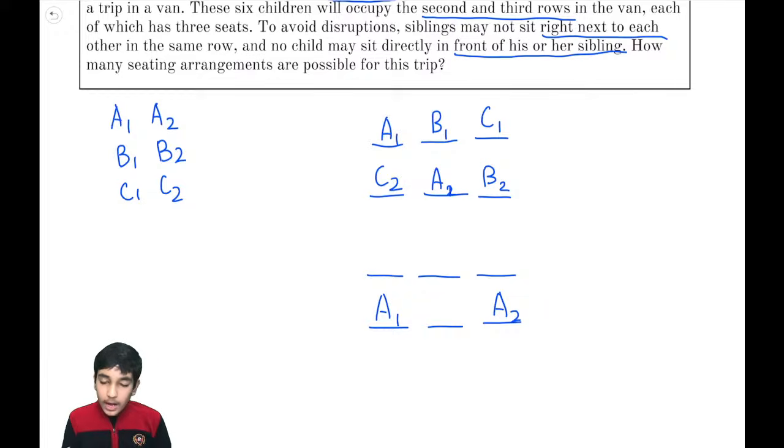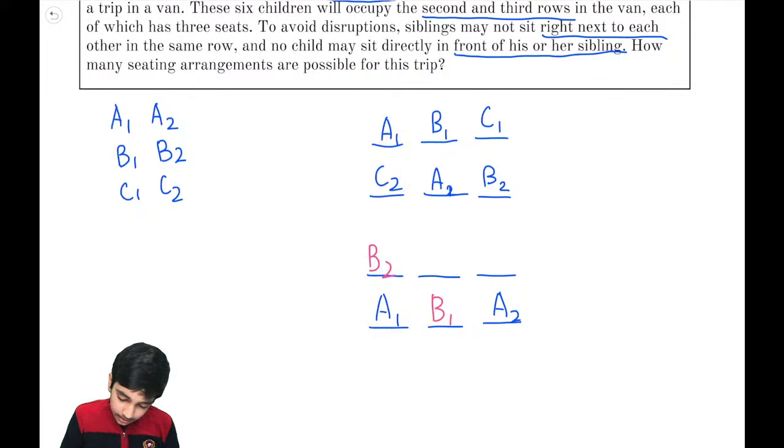If you have, for example, A1, A2 at the bottom, then this one in the very middle, let's say it's B1, I'm just assuming without loss of generality. It doesn't really matter which one you choose right now. We can always reorder them at the end, switch A1, B1, do whatever we need to do. So if B1 is here, then B2 can be here, or B2 can be here maybe. But if B2 is here, then C1, C2 will have to both be here, and that won't work since they're next to each other.